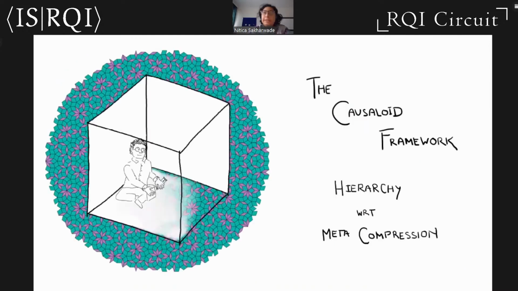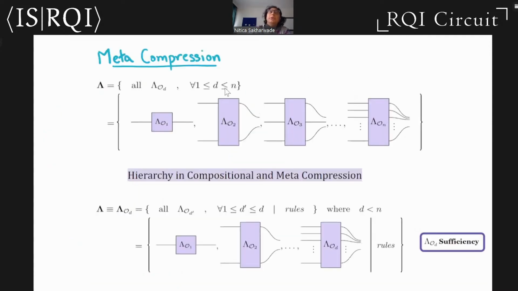So let's go to the third level of compression, which we didn't touch on, which is called meta compression, because what we do is we compress the causaloid itself. So the causaloid was these tomographic compression matrices, these lambda matrices, and the compositional compression matrices, which I've listed out in terms of the number of wires that are going in and out. So 2 region, 3 region, and so on. And as long as you can compress the description of the causaloid itself, given some rules, you have some meta compression.